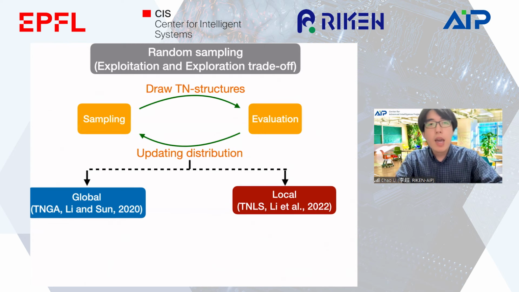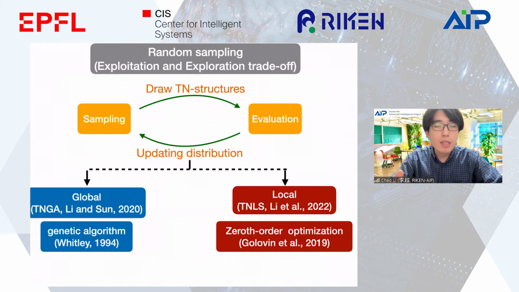And as for the updating rules for the sampling distribution, on the global side, we apply the well-known genetic algorithm, and on the local side, we concern the zeroth order optimization.